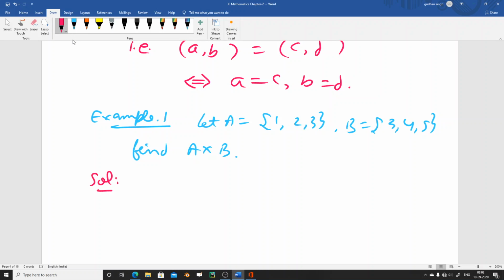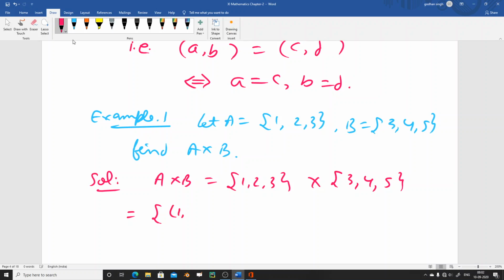So we'll solve this. It's a very simple one. A cross B is equal to, first we write down the set A, {1, 2, 3}, and then cross. Then we write down set B, the set containing the elements 3, 4, 5. Now we have to make ordered pairs. So we take one element from the first set and another element from set B. Suppose we take 1 from the first set.